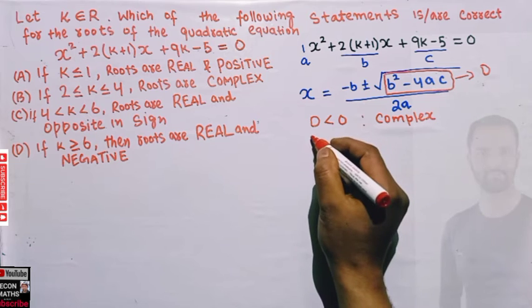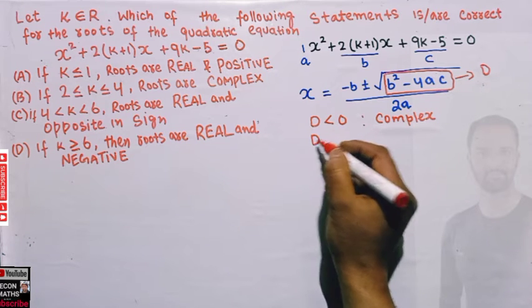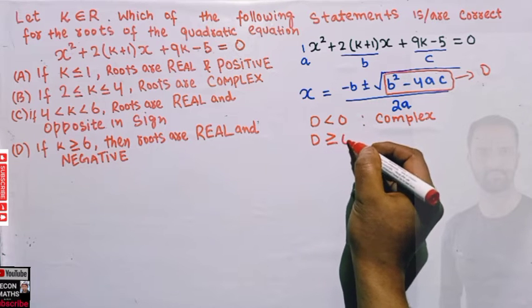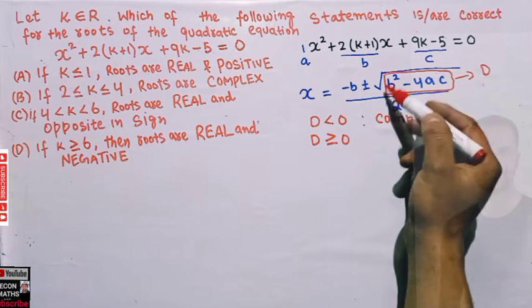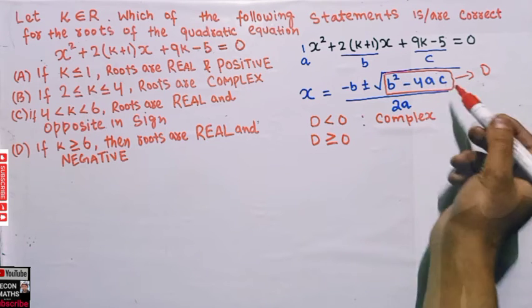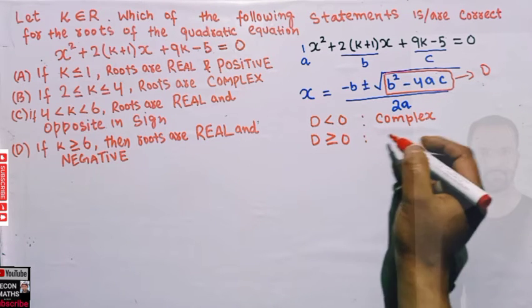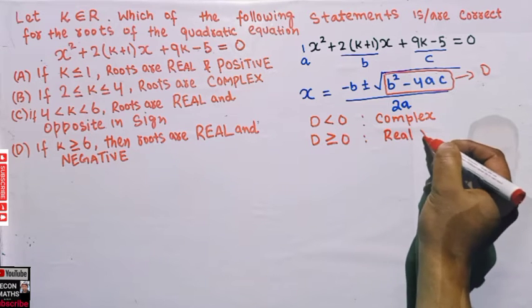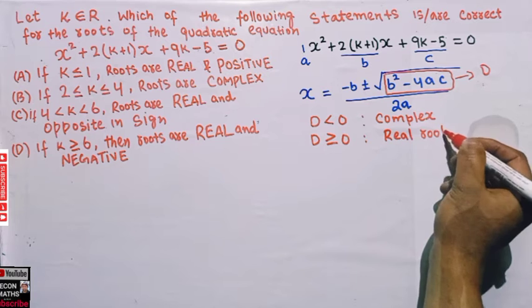Similarly, if this discriminant is greater than or equal to 0, if we get this value either equal to 0 or greater than 0, in that case we have real roots.